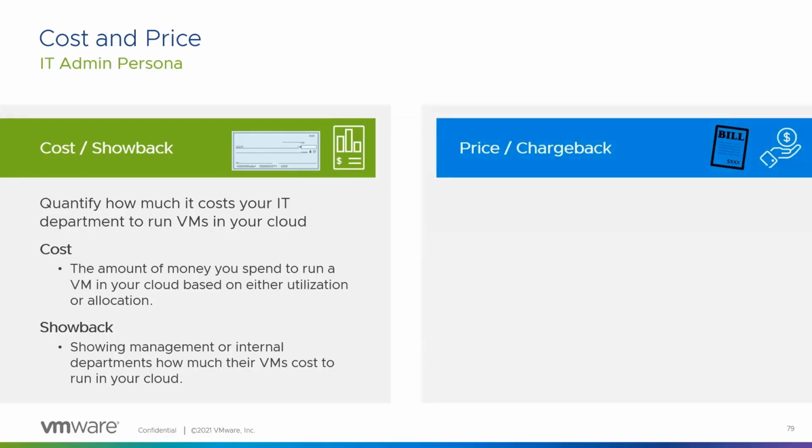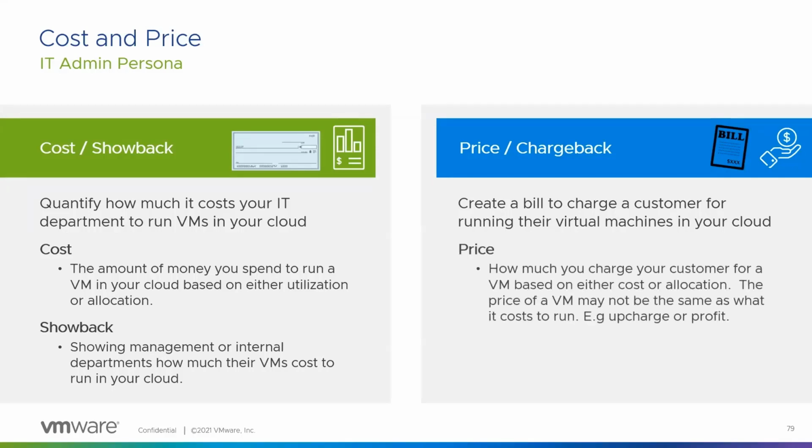So then we add on price and chargeback. So chargeback is when you actually want to create a bill or charge the internal customer for running the virtual machines in the cloud. So a price is basically how much you want to charge for a particular virtual machine. This can be based on either cost or allocation. And the price of the virtual machine doesn't necessarily have to be the same as the costs. You can define it based on cost or based on something else.